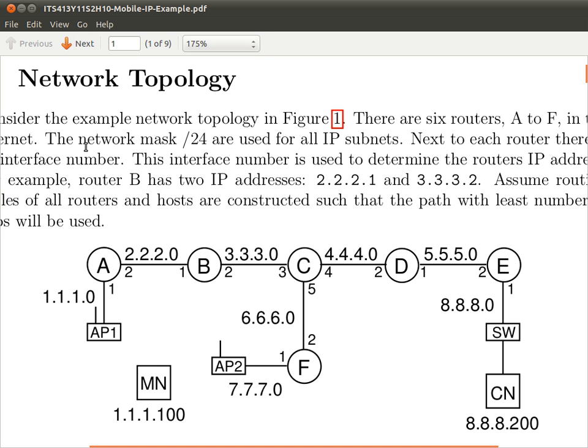How do we draw this? Our mobile node, we're assuming our mobile node and this other node on the internet are corresponding. They're communicating. So we'll call this the correspondent node for this example, but it's just some node on the internet.